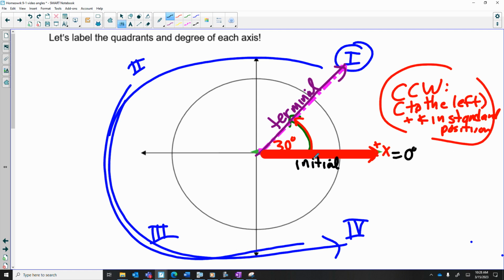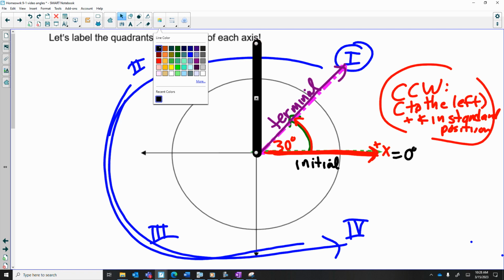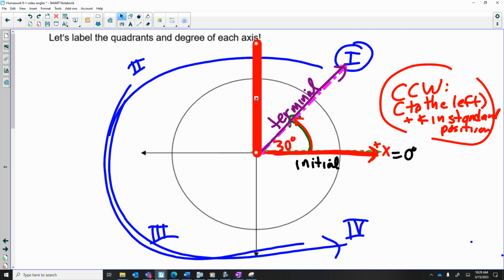Okay, now let's say I started at the same initial side and I rotated now from here to here. Oh, we got to move it over. There we go. So from here to here. Now where it ended is my terminal side. So how many degrees have I rotated? We rotated 90 degrees. So the top of the y-axis is going to be 90 degrees.